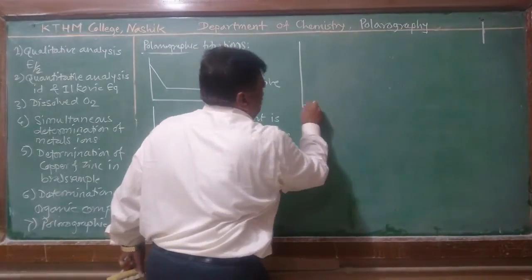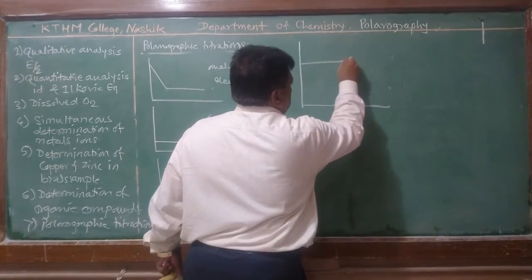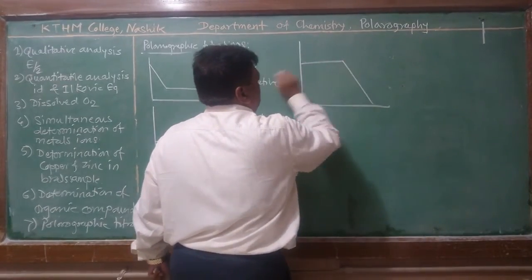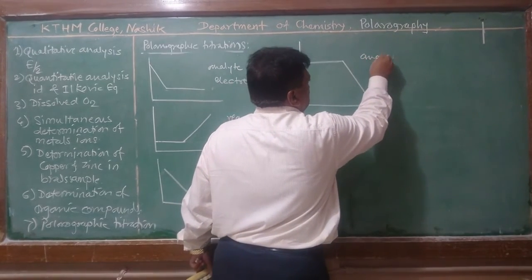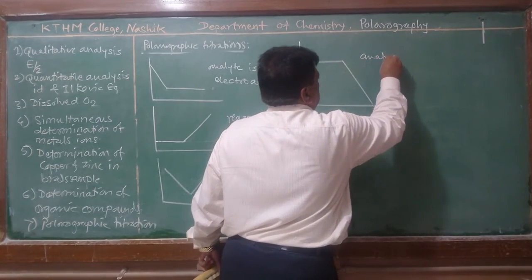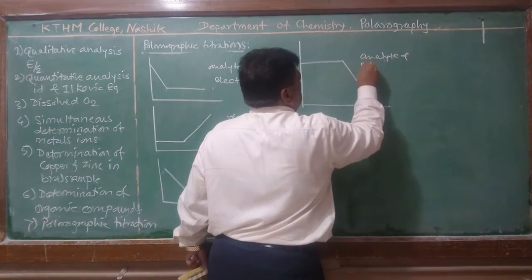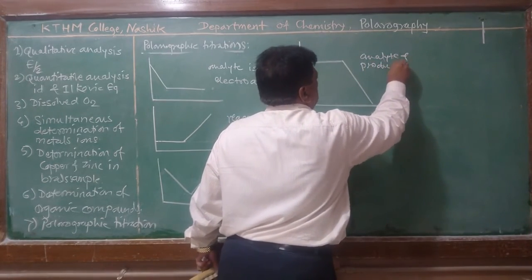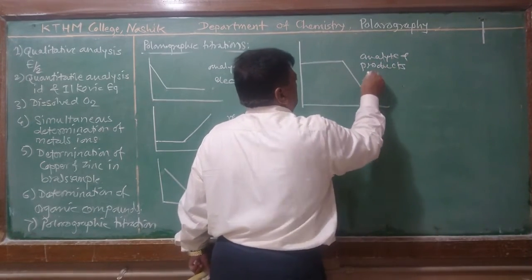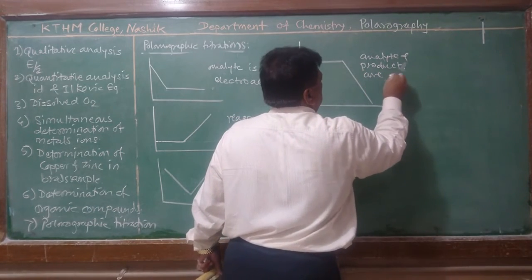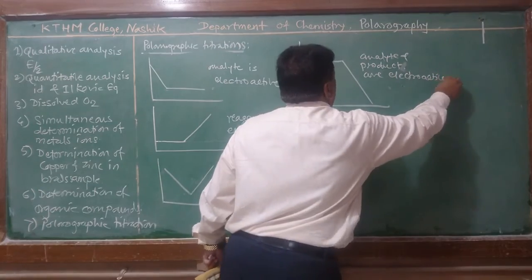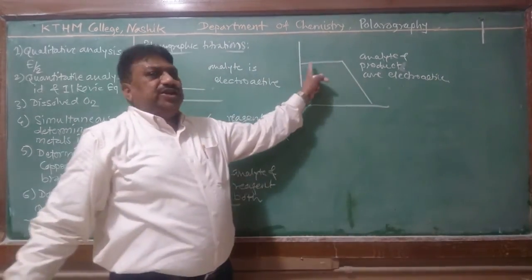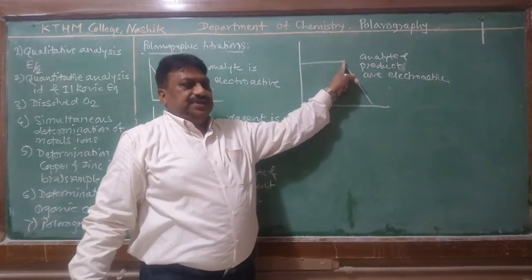Similarly, this is the nature of the titration curve in which we have a shape like this. In this case, the analyte and product are electroactive. That means the analyte is converted into product, which gives the diffusion current.